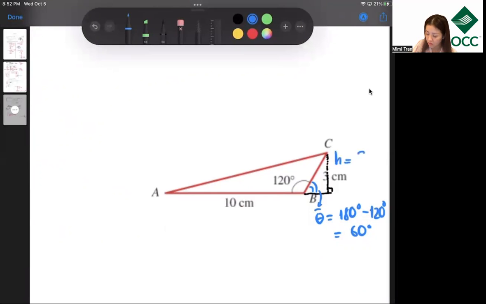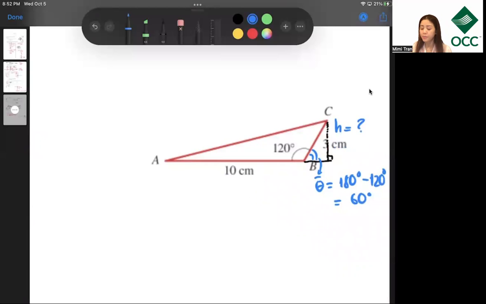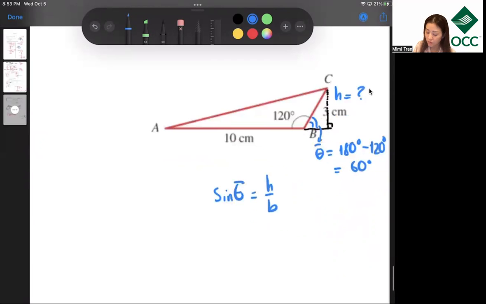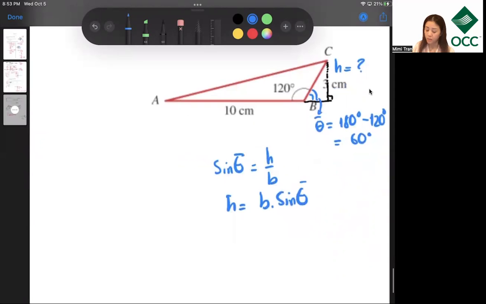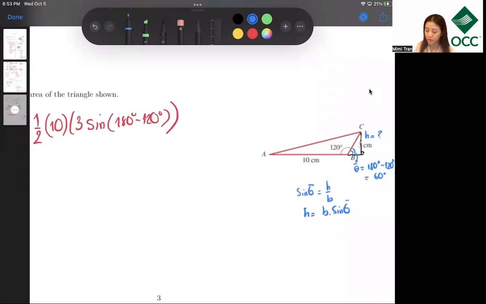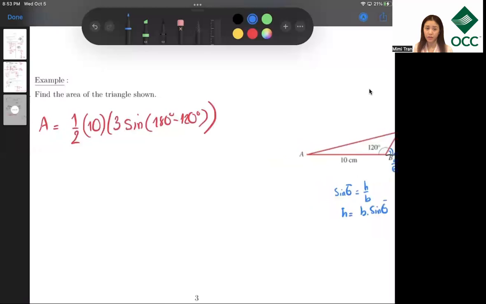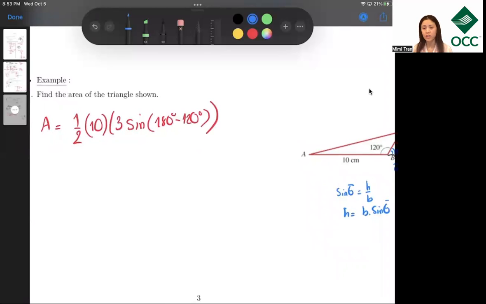Sine theta bar equals h over b, opposite over hypotenuse. Then h equals b times sine theta bar. We know theta bar is 60 degrees and b is 3, so we can plug in right there. You can start from scratch. I usually do so because I'm not good at memorizing things.